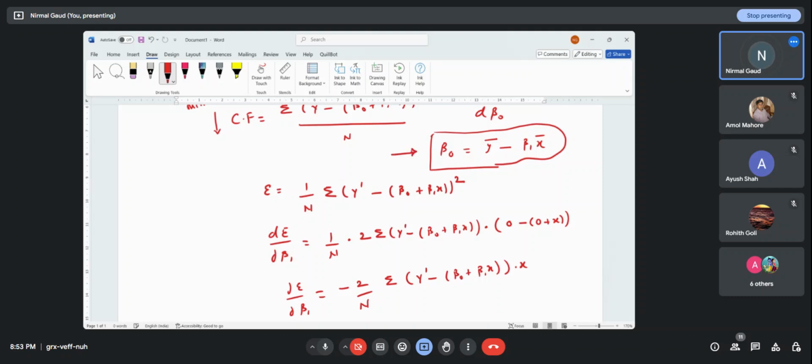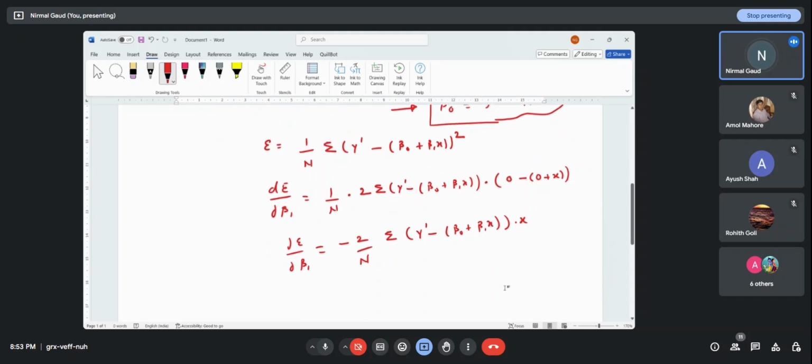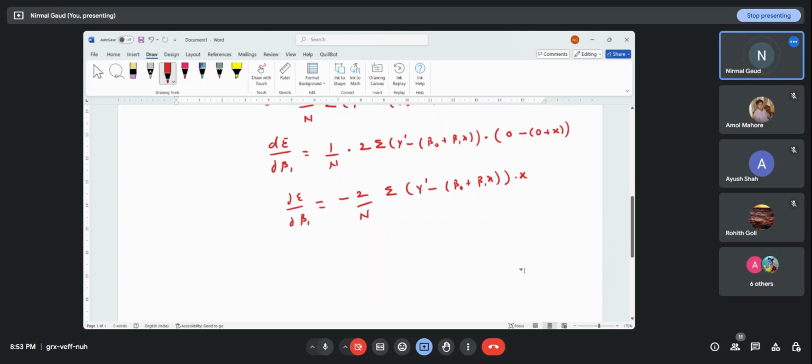Do you remember what is the value of beta naught which we calculated yesterday? Is this y bar minus beta 1 x bar only? Okay, let me take this from my side, that yes, it's that value only.